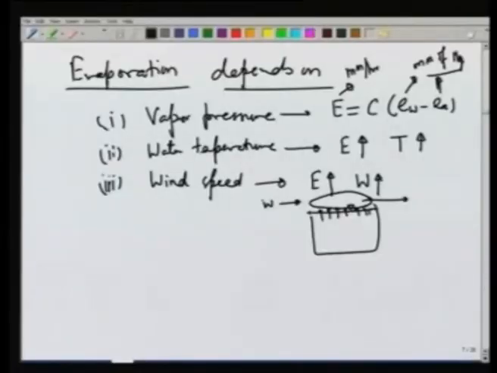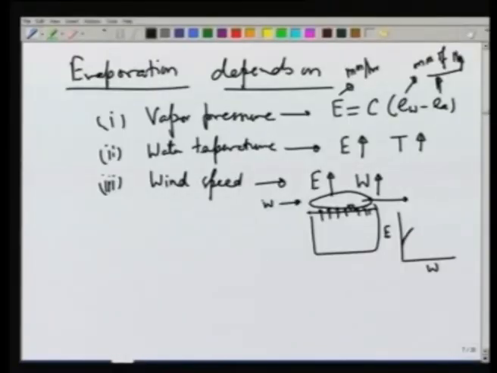If we draw a curve of wind speed versus evaporation, if the wind speed is small, the evaporation will be small, because the air will become saturated very soon, and it will increase as the wind speed increases, but beyond a critical value evaporation will be more or less constant, because that wind velocity is sufficient to carry air away from the water body. And this critical wind velocity will depend on the size of the water body.